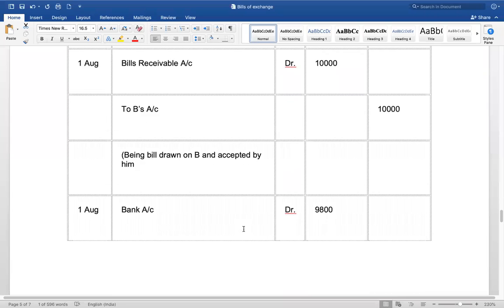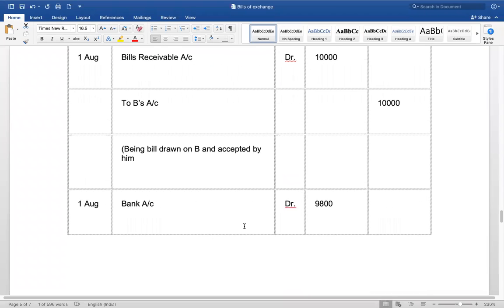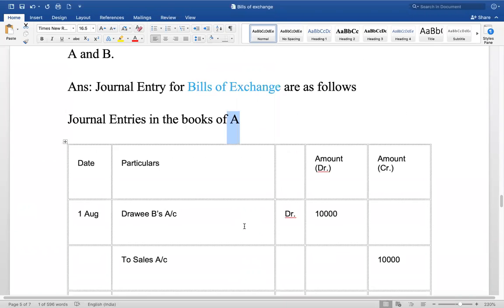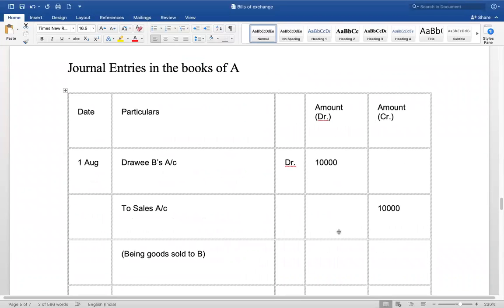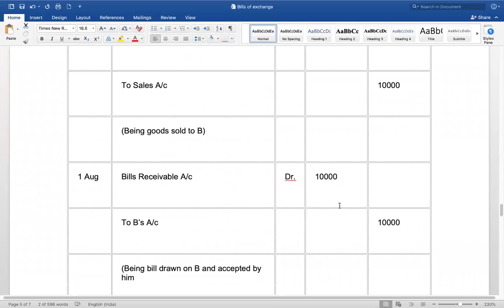The next, this is discounted with the bank at 12%. What's the total amount? 10,000. Discount on 10,000, 12% discount on that. 10% is 1,000, 12% is 1,200. And the remaining amount is 9,800.